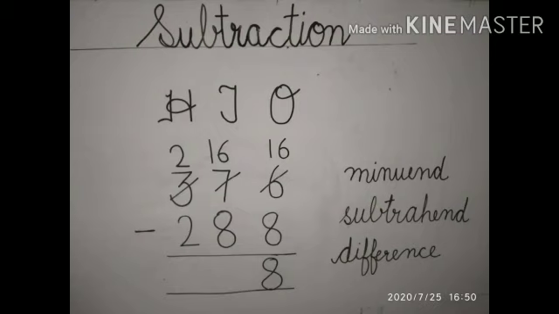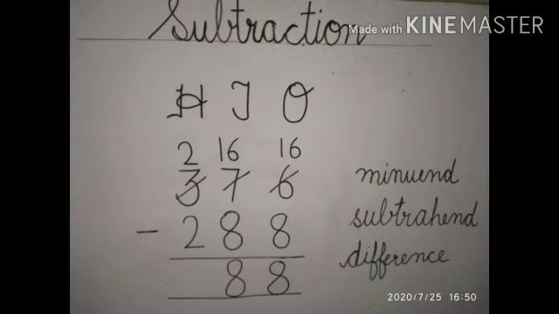Now at tens place, we have to subtract 8 from 16 as we have done at ones place. So again, we will subtract 8 from 16 at tens place. As we all know, when we subtract 8 from 16, the difference will be 8. We write here 8 at tens place.